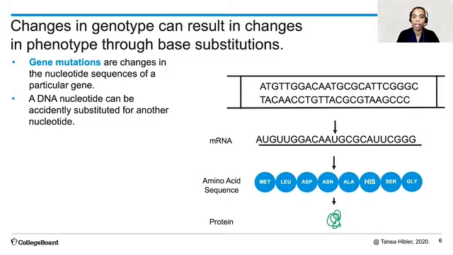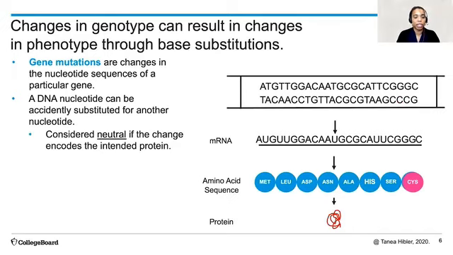Let's try doing that somewhere else on the DNA molecule. So if we take the C and we substitute it for an A, that's going to change the messenger RNA sequence. And this time we're going to produce a different amino acid. The last amino acid is going to be different, which can lead to a different protein.